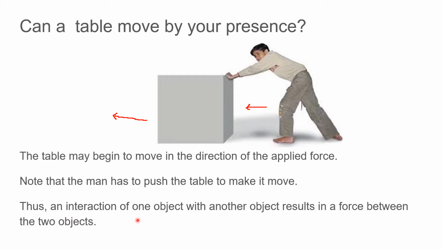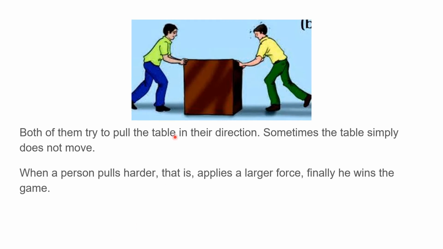Thus, an interaction of one object with another object results in a force between the two objects. So, for the force to be exerted on an object, there is a need of interaction, that is, two objects should come in contact.